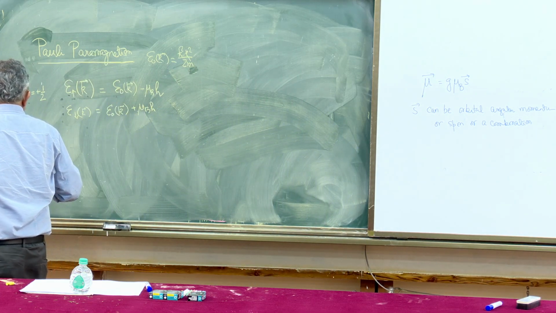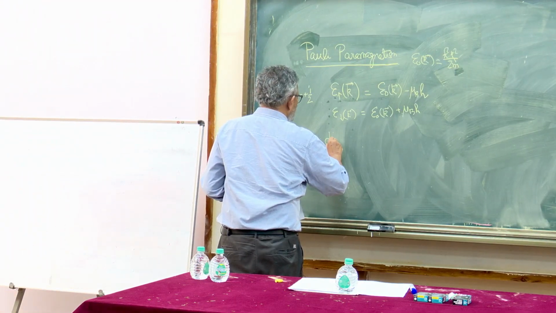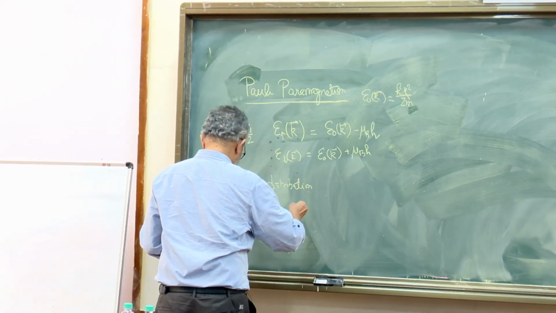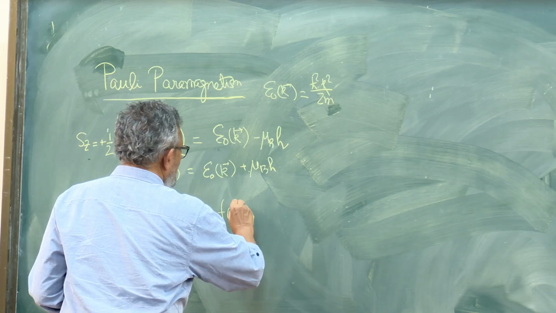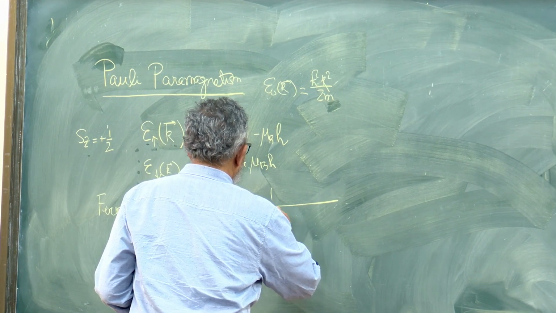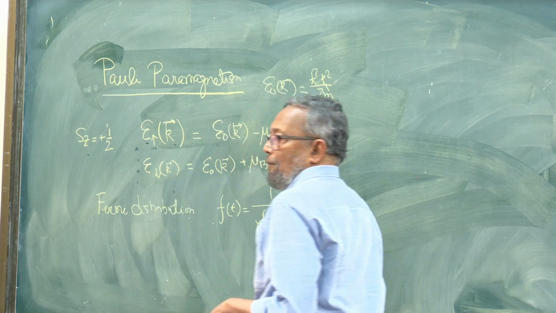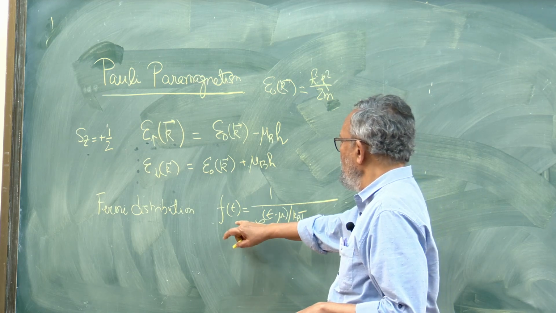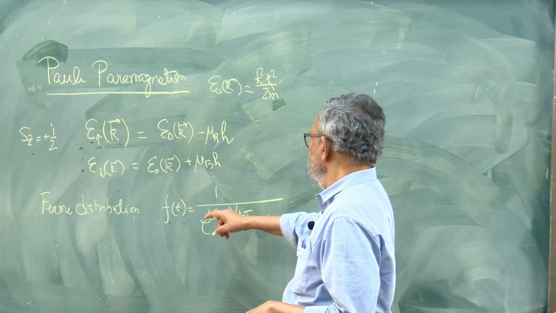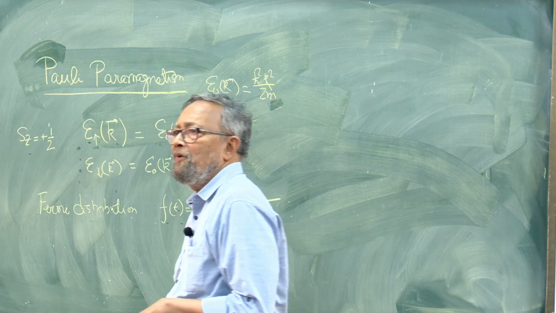So you have to then put in the Fermi distribution. This tells us the average occupation of a particular single particle state of energy E. The new thing that comes in here is this thing called mu. What is mu? Chemical potential, right?